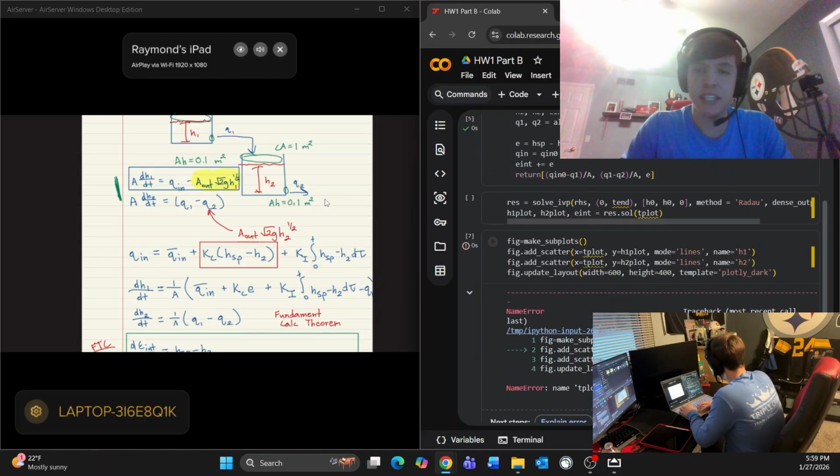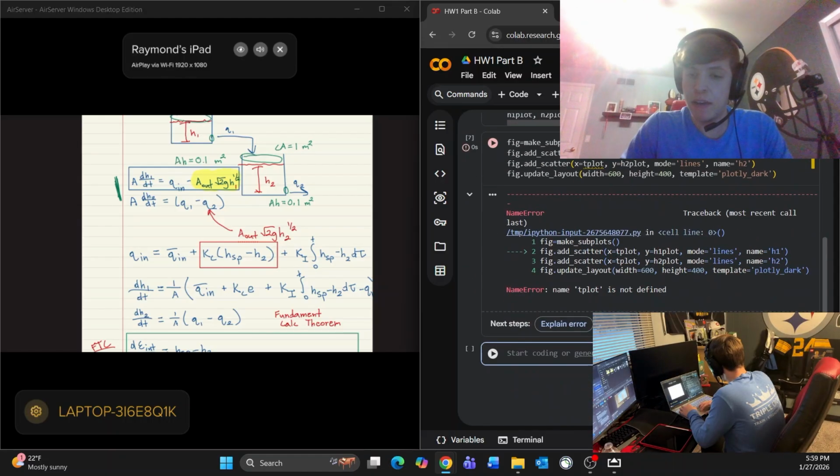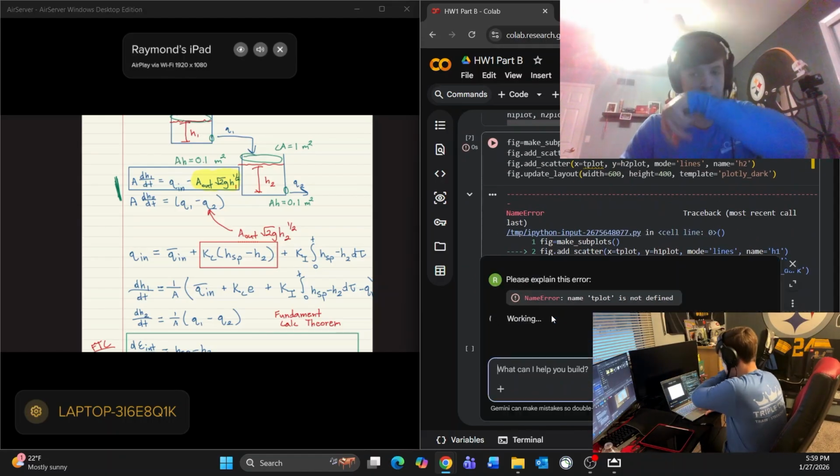Oh, and now we have tplot is not defined. So it looks like everything here ran correctly, so we're going to hit explain error here.